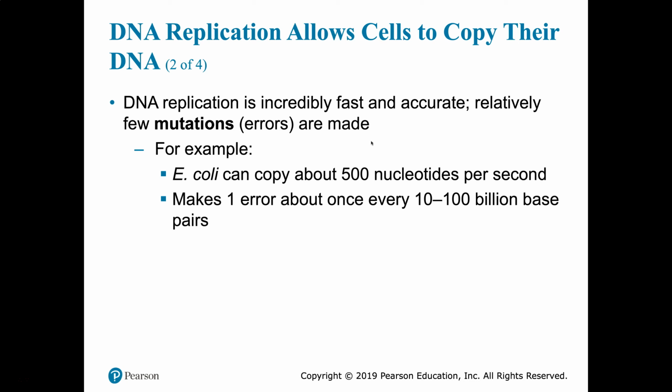So 10 to 100 billion nucleotides. That's very rare. But the cool thing is if they screw up, there's a mechanism that will allow the cell to fix that problem. It will cut out the wrong nucleotides and then replace them with the correct ones.